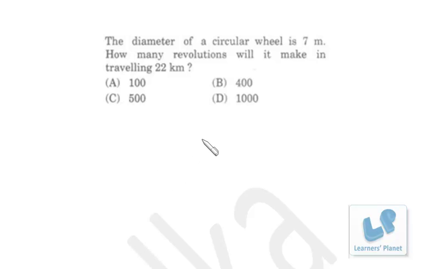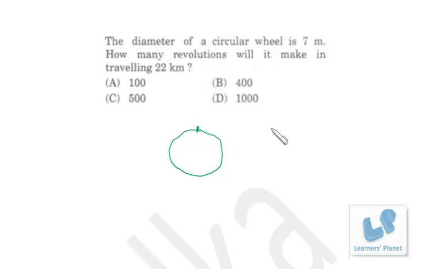For a circle, if we start from here and make a complete revolution, the starting and ending point will be the same. That means it moves along its circumference. So the length of the circumference is nothing but the distance covered in one revolution.